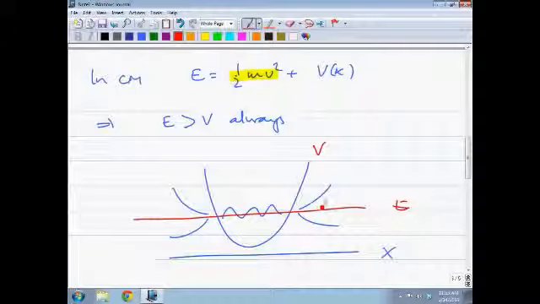For a normalized wave function, I simply cannot have the rapidly growing solution, otherwise I wouldn't be able to normalize it. So for an eigenfunction, I have to pick only the decaying solutions outside.